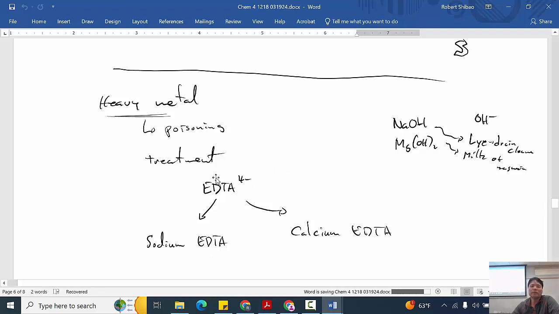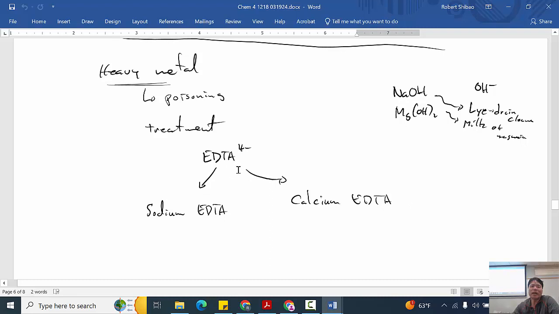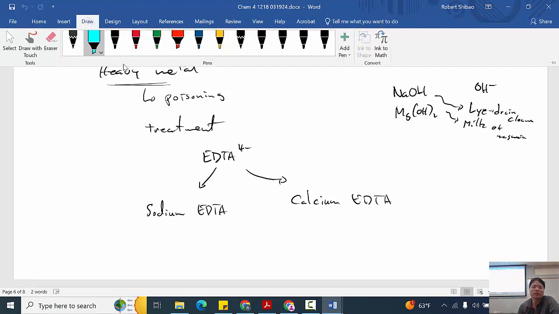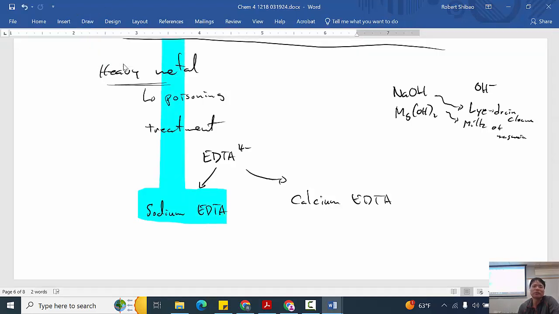So in the treatment of heavy metal poisoning, we need EDTA. Which one is going to be more aggressive, sodium EDTA or calcium EDTA? Sodium EDTA is more aggressive, much more aggressive.